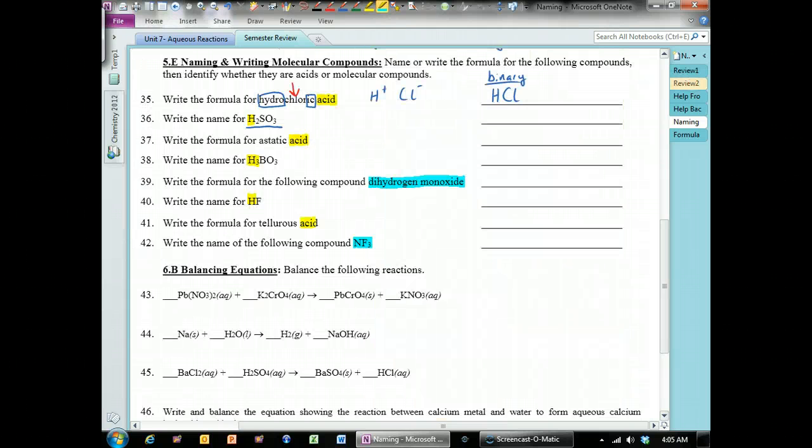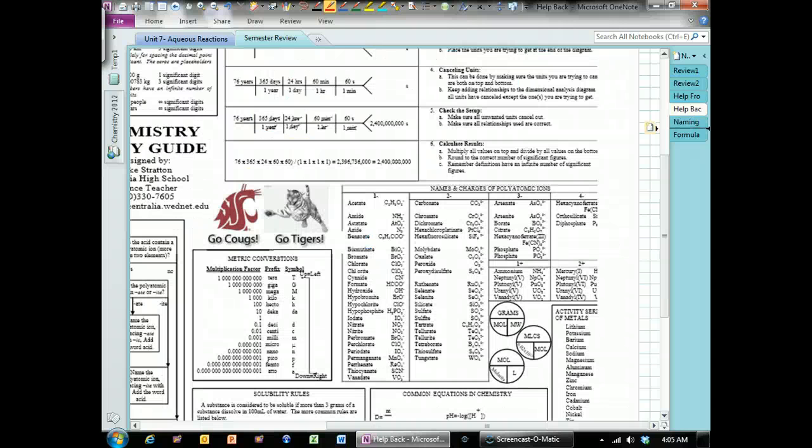When we go back to this formula, the polyatomic ion is always going to be everything except for the H. So SO3 is what I'm looking up on the polyatomic ion sheet. And when I find SO3, I find out that sulfite is the name, and it's got a -2 charge.